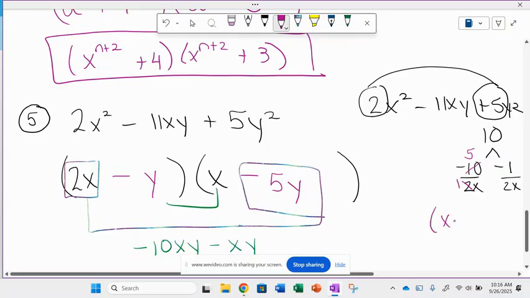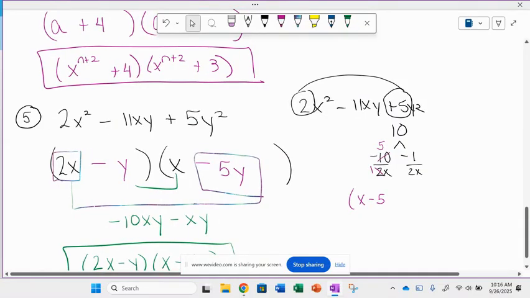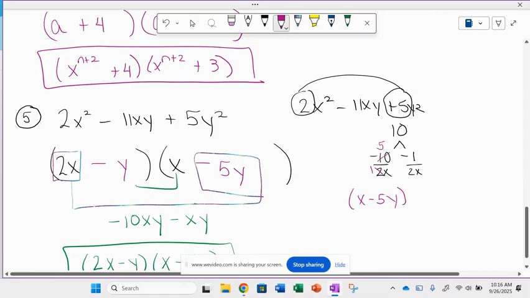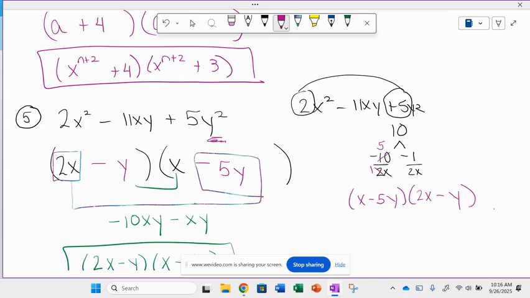So you would get an x minus 5. But because it was supposed to be y squared, you're going to put an x minus 5y because of this y squared at the end. And then we're going to have 2x minus 1y. So you just add in the y at the end. I think that would be how I would go about it.